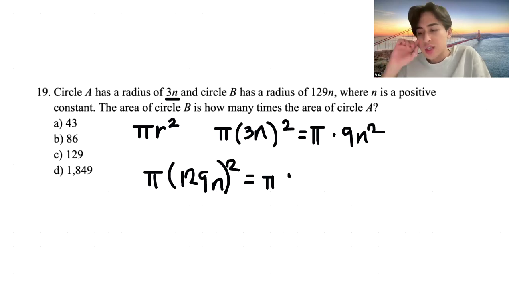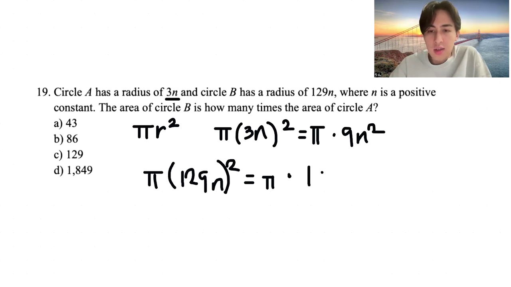So 129 times 129 will give you 16,641. And remember, you're able to use the calculator on this section of the exam, so you can just plug in 129 squared into your calculator, and you'll get 16,641. And then you have n squared.